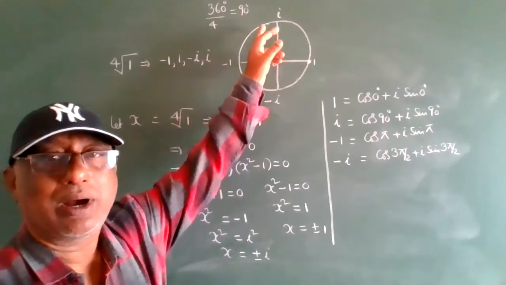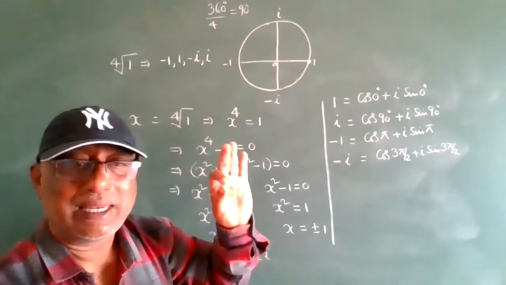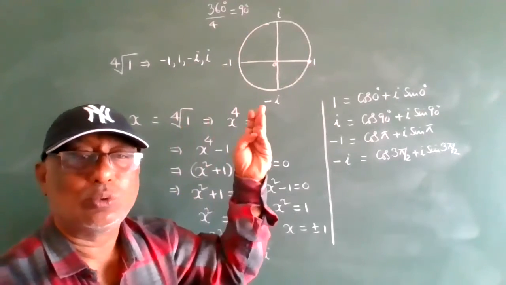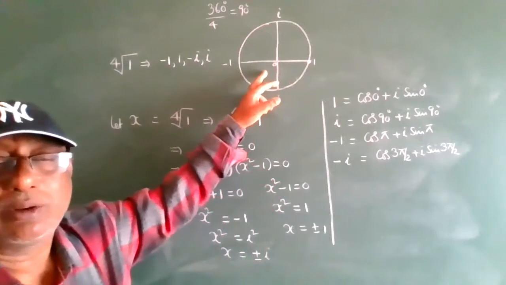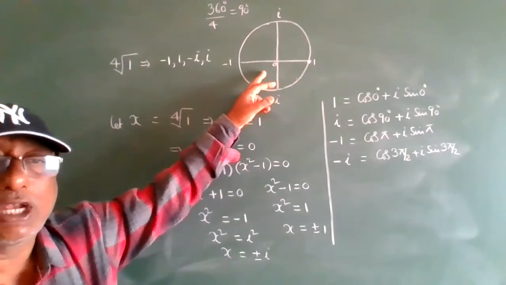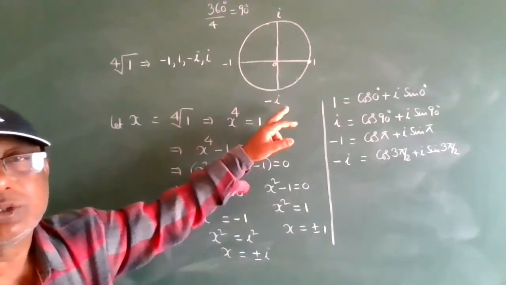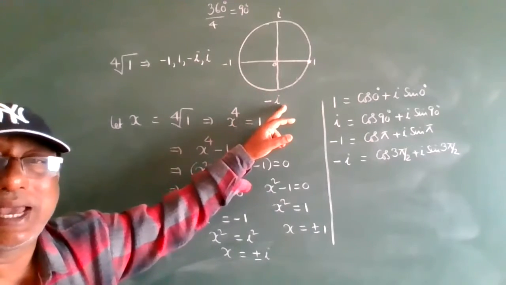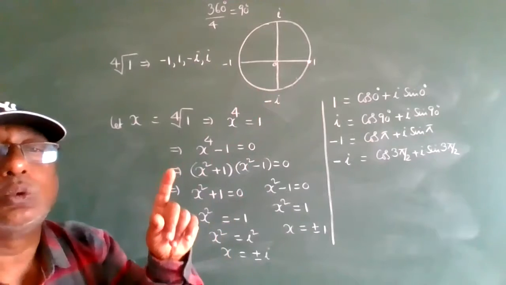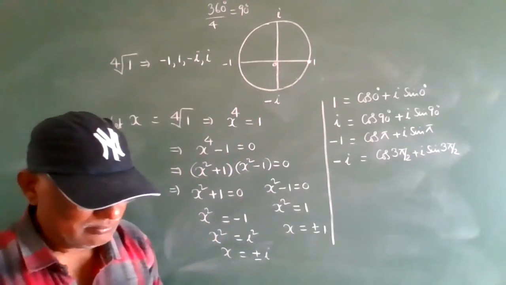Any point on the positive y-axis has angle 90 degrees: plus 2, plus 3, plus 4. Any value on the negative side of the x-axis has angle 180 degrees. Any value on the negative side of the y-axis has angle 270 degrees. Okay, you should remember this.